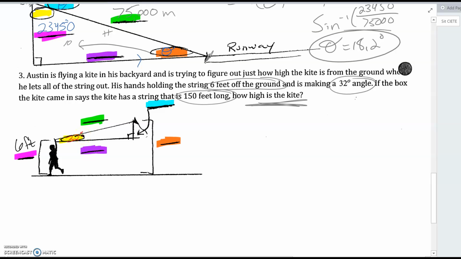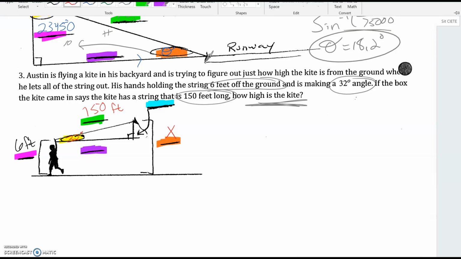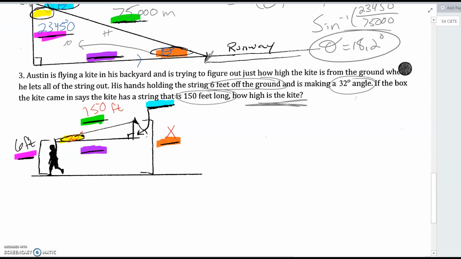The box says the string is 150 feet long. So what represents the string? How high is the kite? So I need the entire height. How tall is it off the ground? Boom. That would go there. All right, go ahead and solve for x.